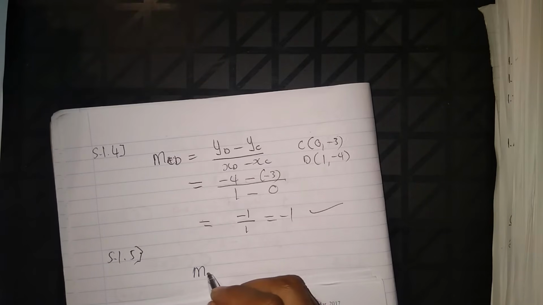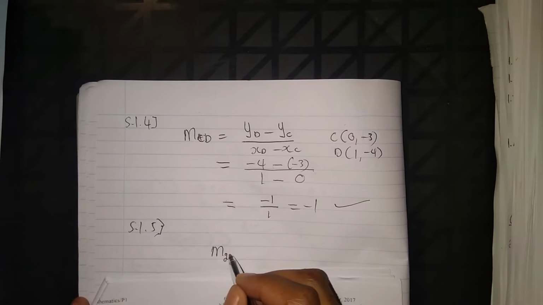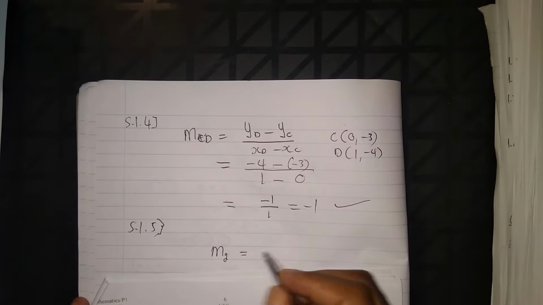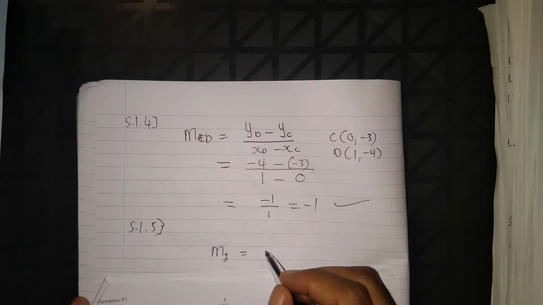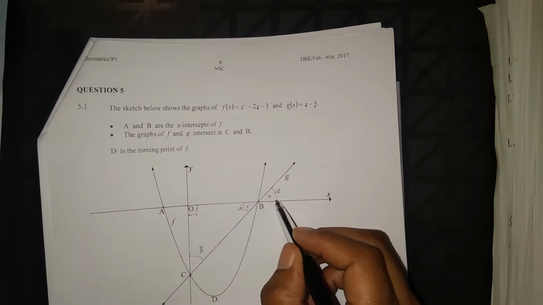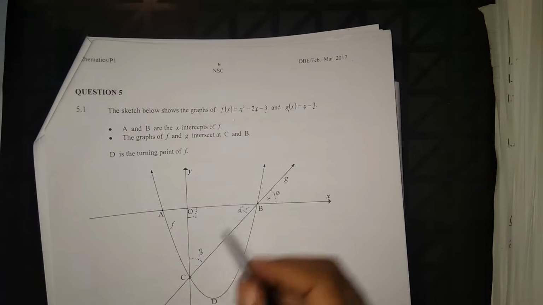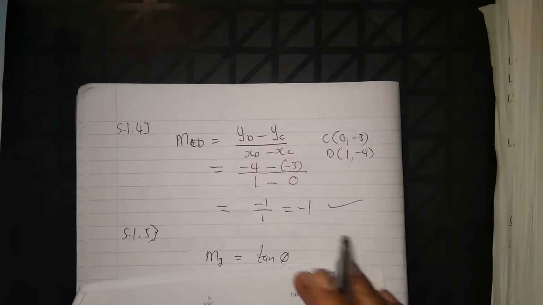The gradient of function g is equal to tan theta. Tan theta is equal to the gradient of this straight line.